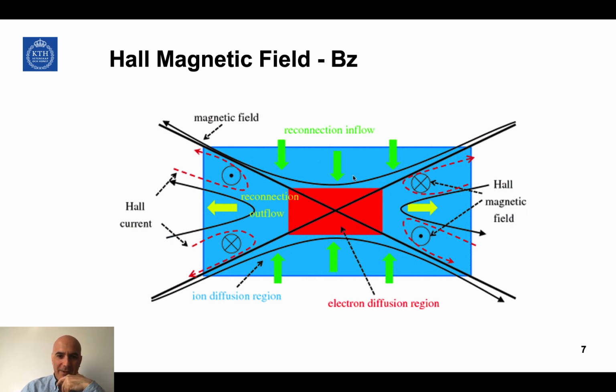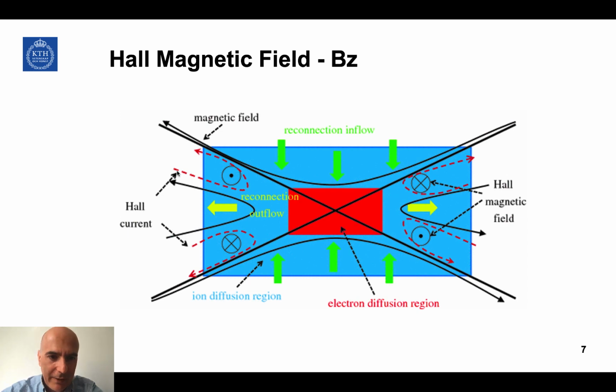We have the diffusion region, we have the two separatrices dividing the two different topological regions, and then here in the red dashes we have a family of currents going in this direction. Each of these current flows creates an associated magnetic field that is out of plane. So these currents are in plane and will create the characteristic feature.